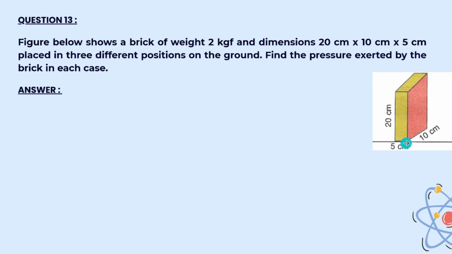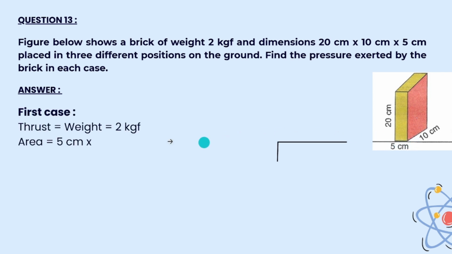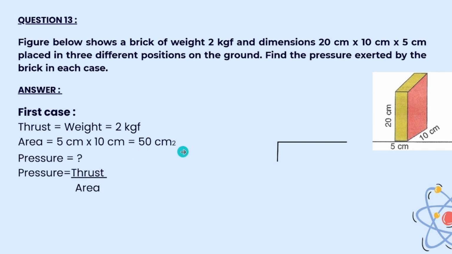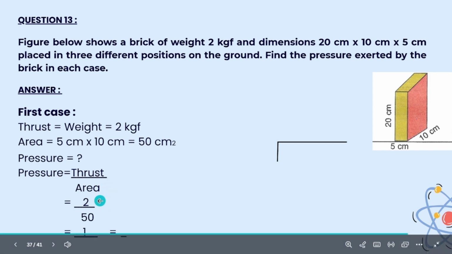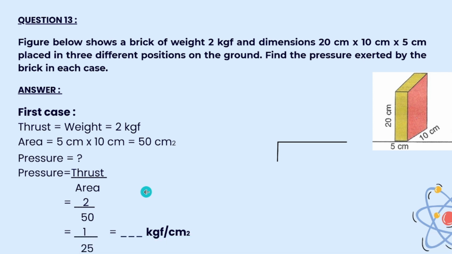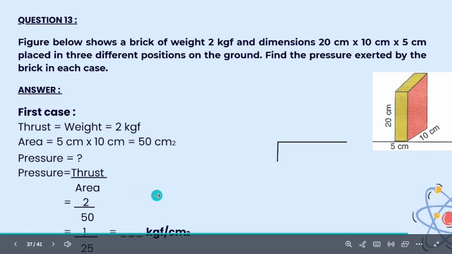So 5 is touching the ground and 10 is touching the ground. Height 20 we are not multiplying, we are just multiplying 5 into 10. 5 tens are 50 centimeter square. Use the formula pressure equal to thrust by area. Thrust is 2 kgf, area is 50 centimeter square. Divide it and give the answer.